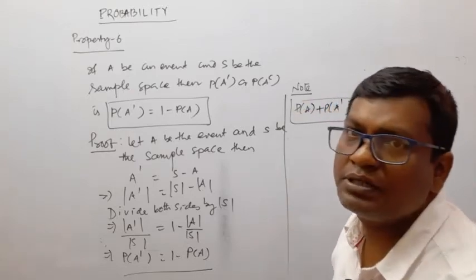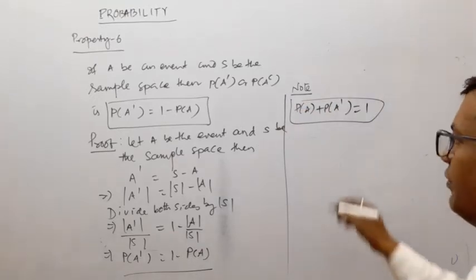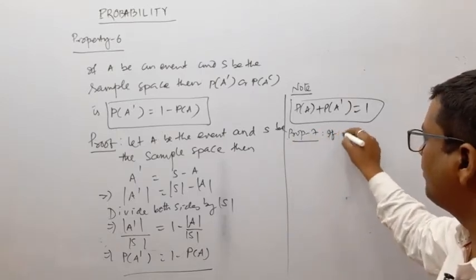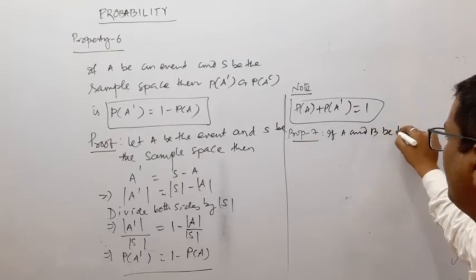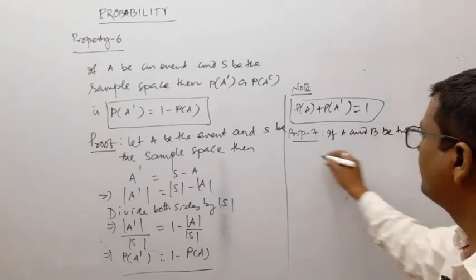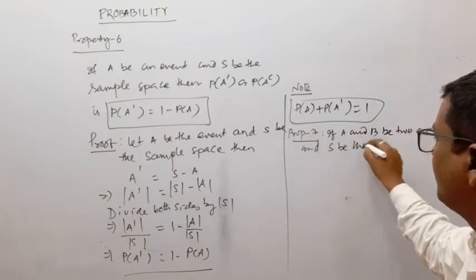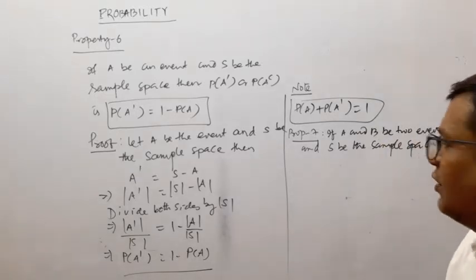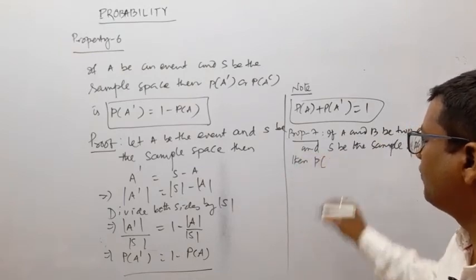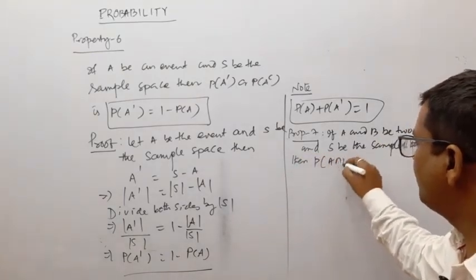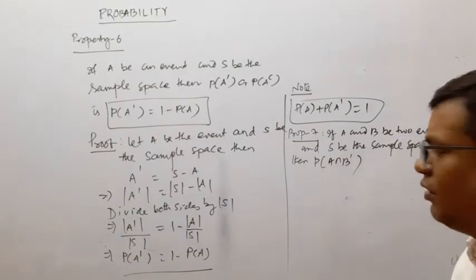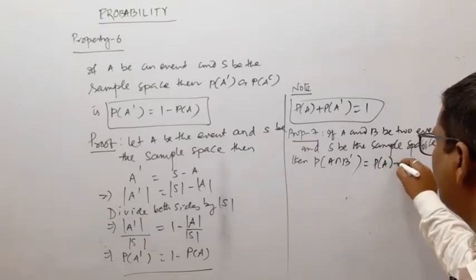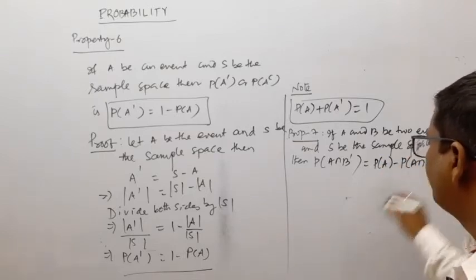Another property, property number 7. If A and B are two events and S is the sample space, then probability of A intersection B complement is probability of A minus probability of A intersection B. This is number 1.